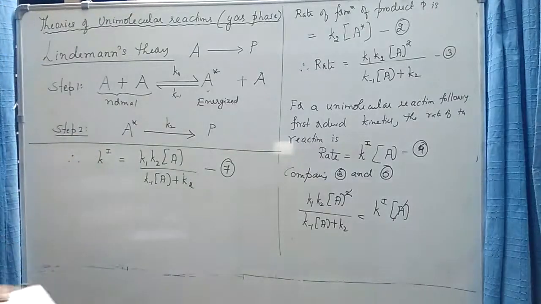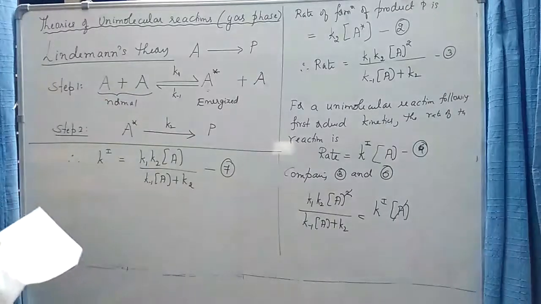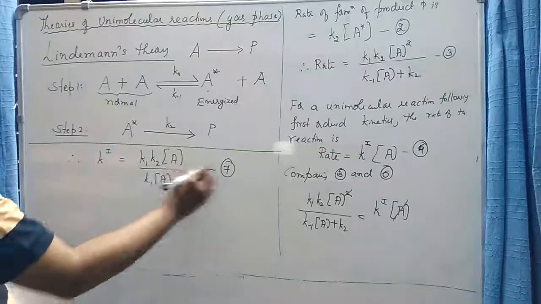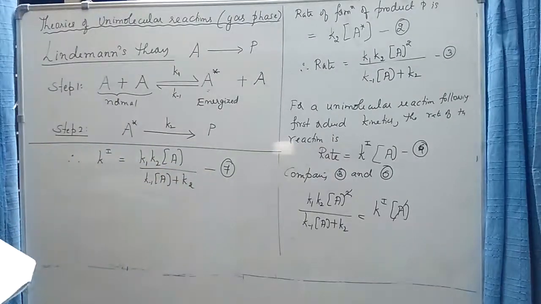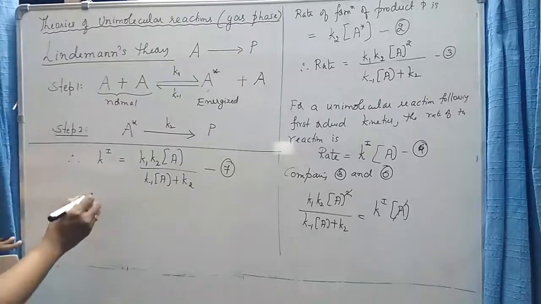So what we will do is we will rearrange this equation in another form. I will divide this entire equation by A, and also I will divide the entire equation by K minus 1.